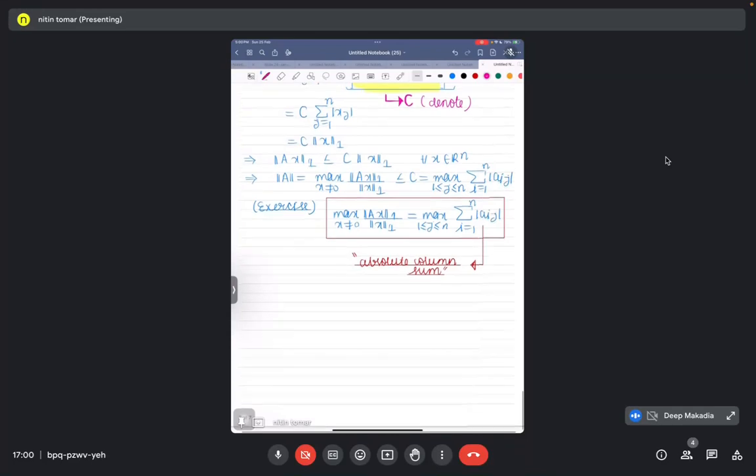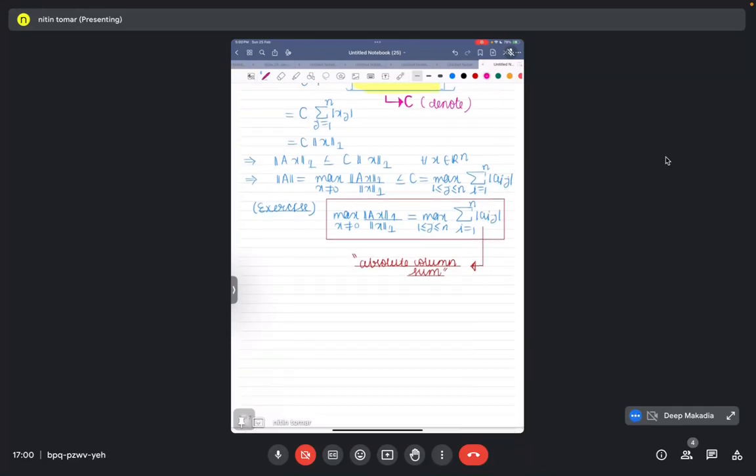Now, what you do at home, you can think of a question. This part is not easy. You can think of the maximum of now the two norm.